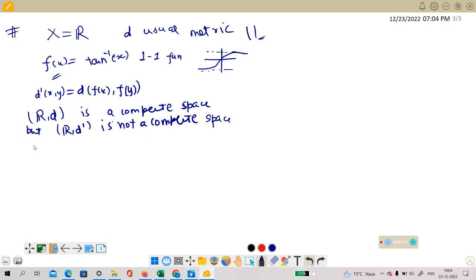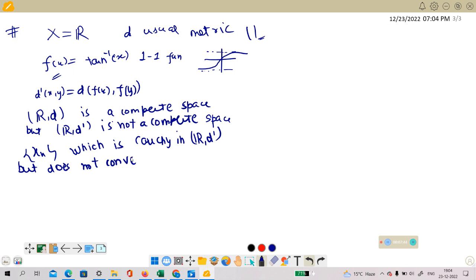We will find a sequence x_n which is Cauchy in (R, d') but does not converge. This is how we are going to prove it.